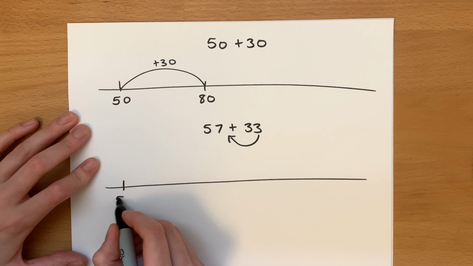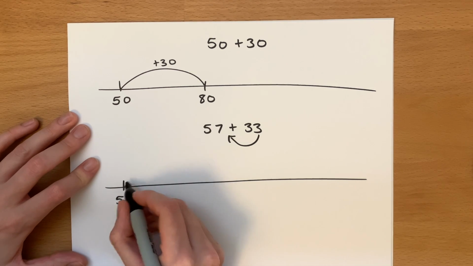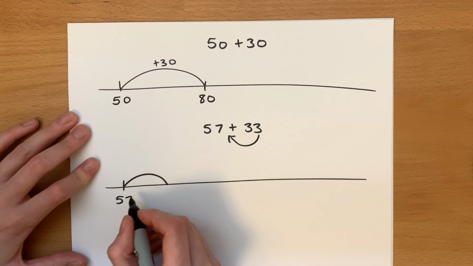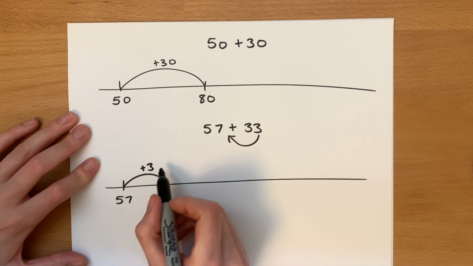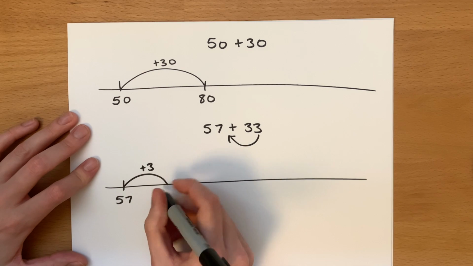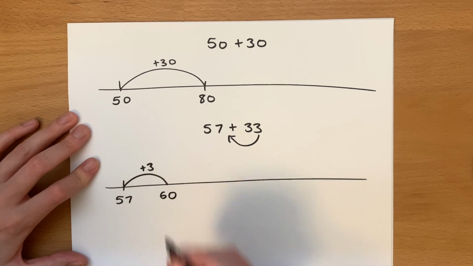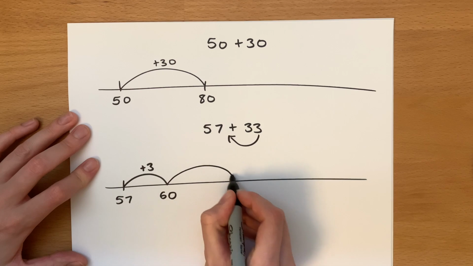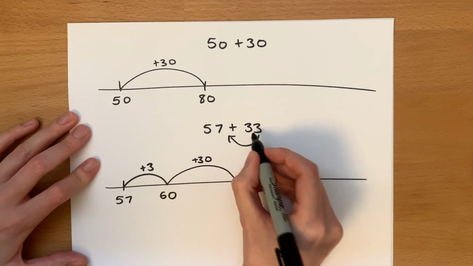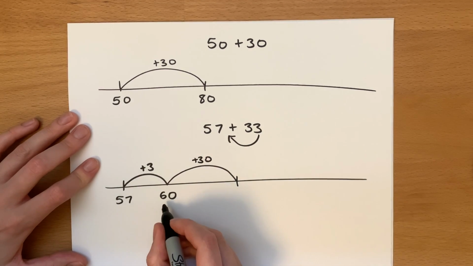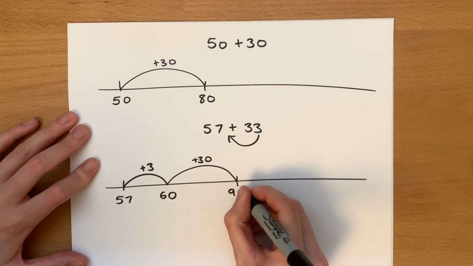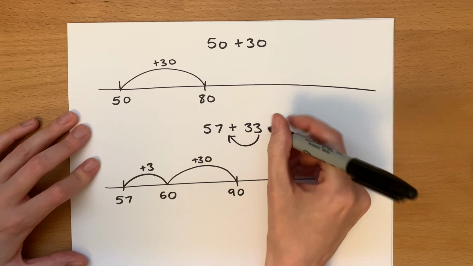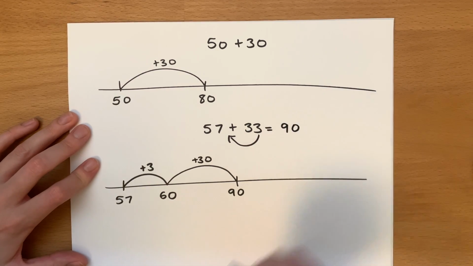So we've got 57 here, and I know 7 plus 3 is 10. So 57 plus 3 is going to take me to the next benchmark number, which is 60. And I still need to add the 30 from the 33. So 6 tens plus 3 tens equals 90. 57 plus 33 equals 90.